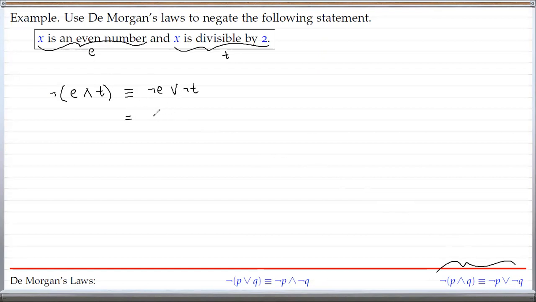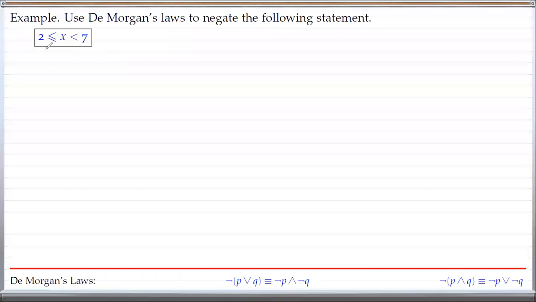Not E is the statement "X is not an even number," or we could say "X is an odd number," or not T. T is "X is divisible by 2," so not T would be "X is not divisible by 2."